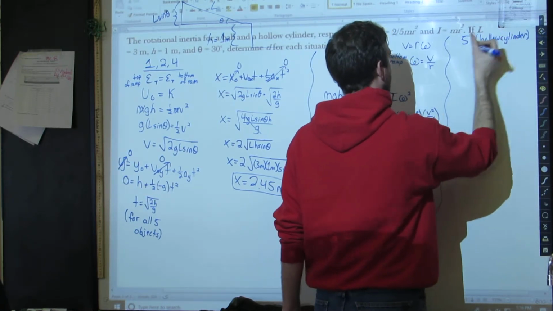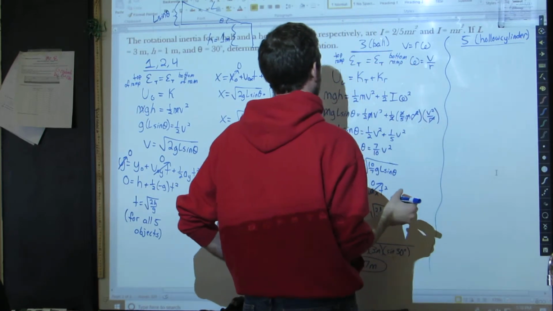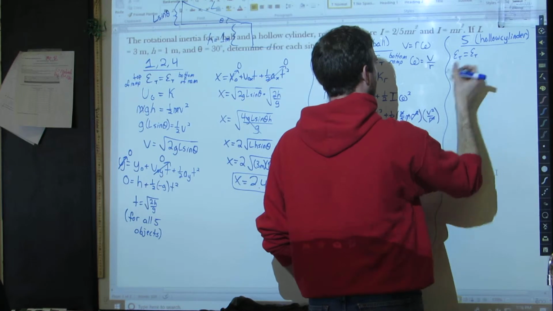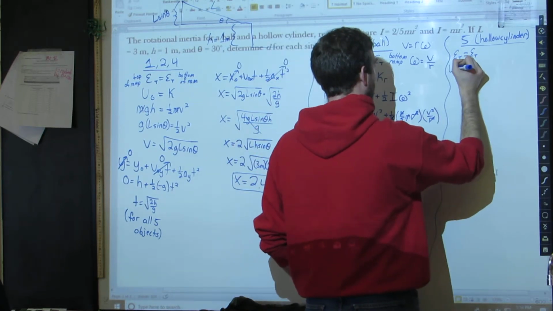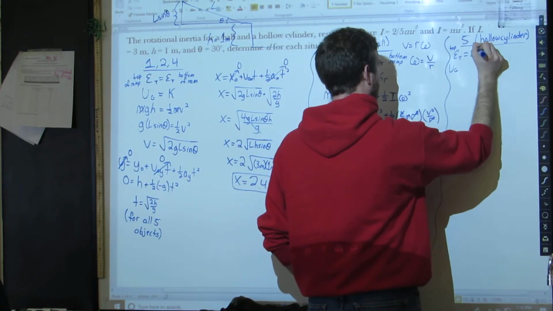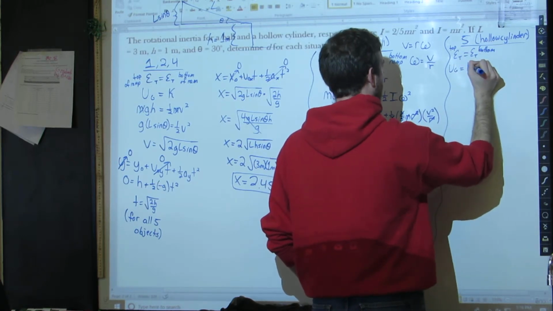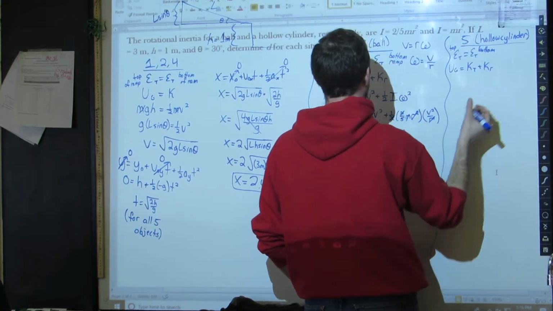I'm going to have to write small. I didn't leave myself a lot of room on this one. We still, again, we start off E_T equals E_T for top and bottom. U_G equals K_T plus K_R.